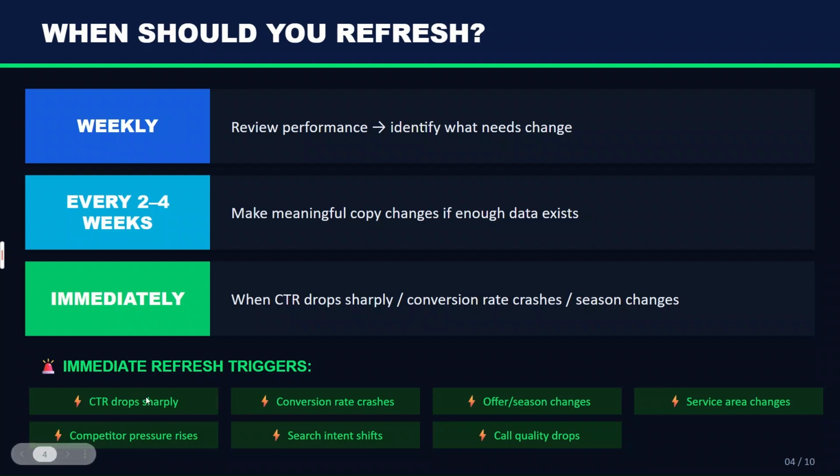If your click-through rate drops sharply, if your conversion rate crashes after it was stable, if your business offer changes, if your season changes, if your service area changes, if a competitor comes out with something way better, if the quality of your phone calls gets worse, if people are searching with completely different words now, and any of those things happen, you replace immediately. So weekly review, scheduled change, immediate action. The rules are clear.